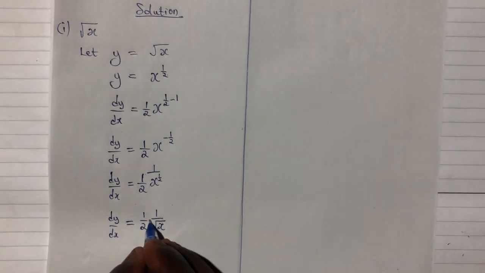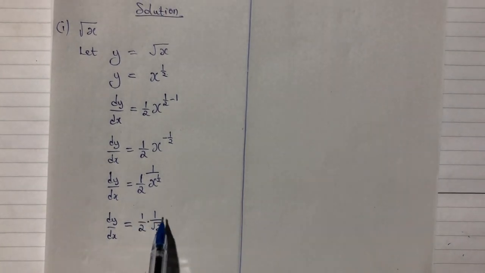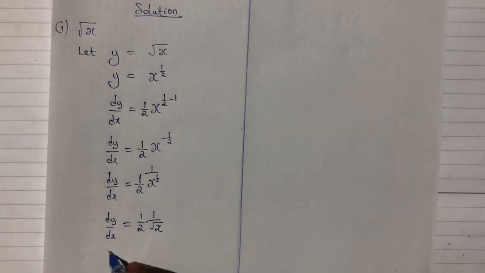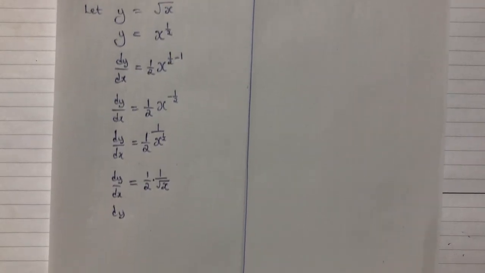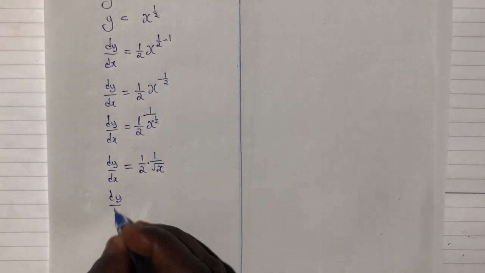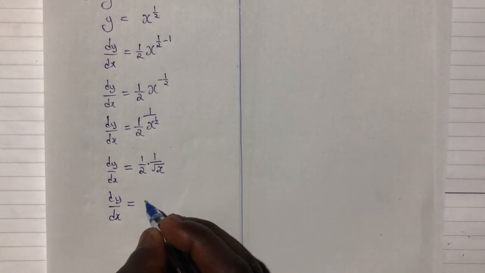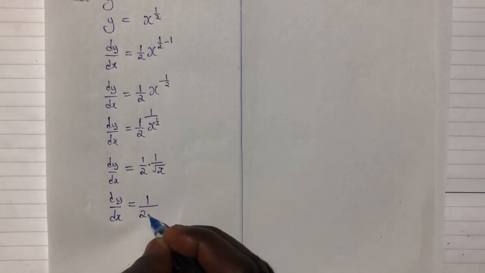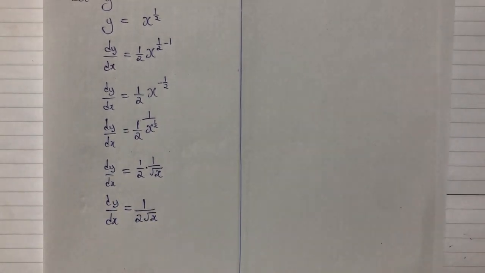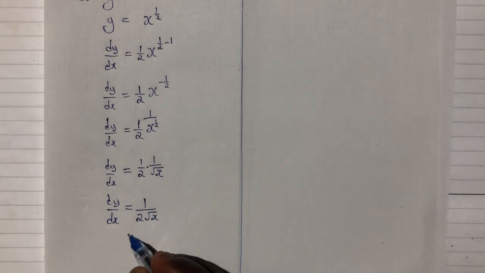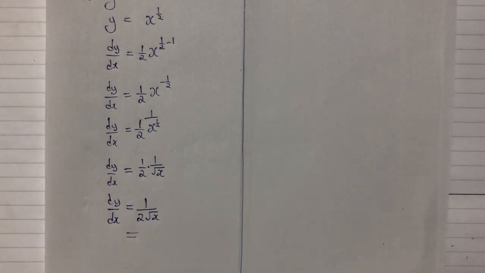We can now multiply 1 times 1, and 2 times root of x. So dy dx equals 1 out of 2 root x. So that is the solution or the answer for the first question.